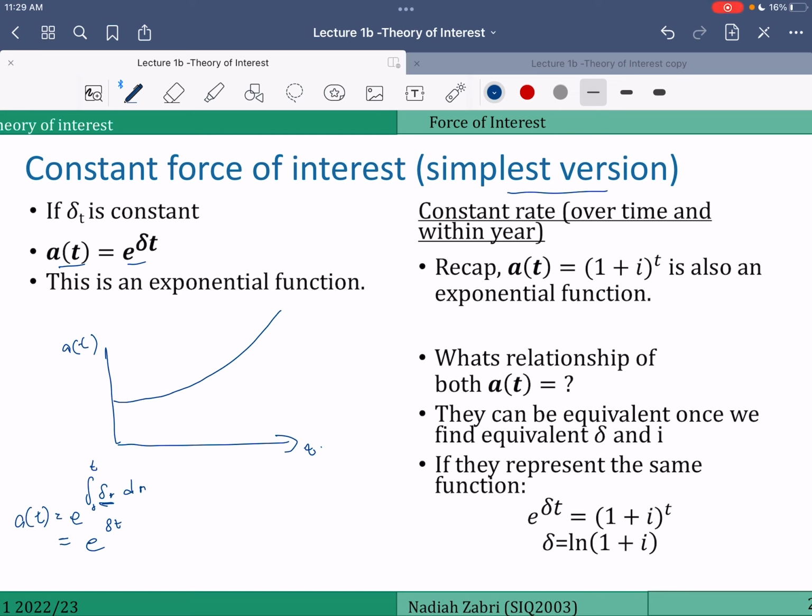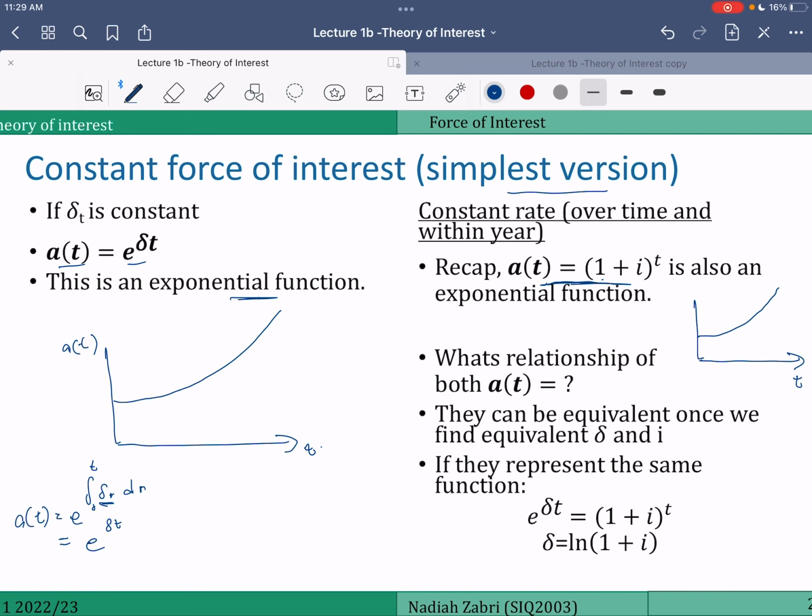Okay, so let's compare this exponential function to another exponential function that we saw earlier, the accumulation function (1 plus i) to the power of t. If you remember, this is the accumulation function for the compound interest environment where the interest is constant throughout time.